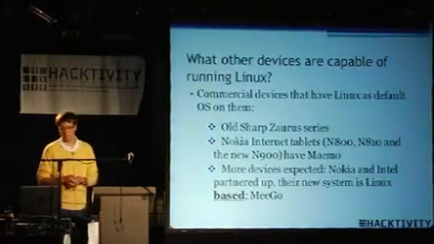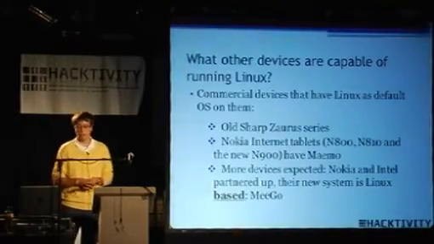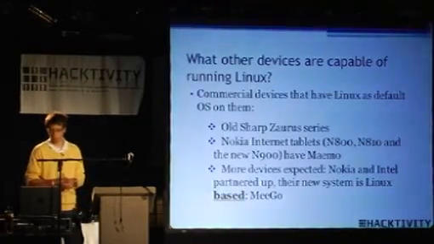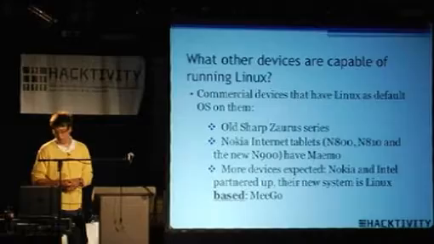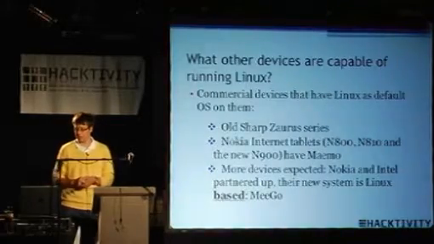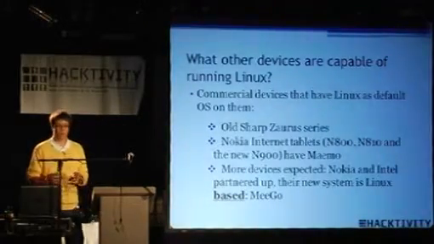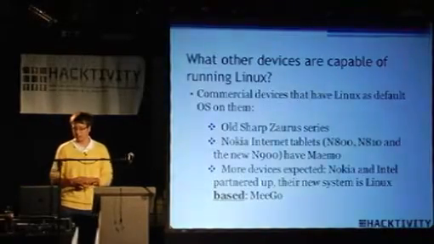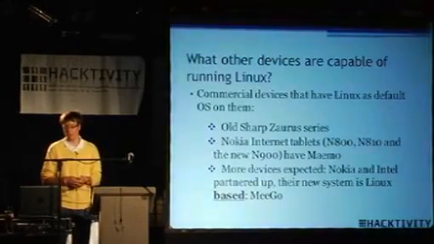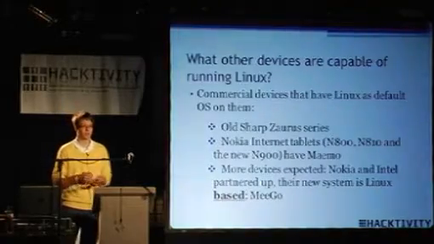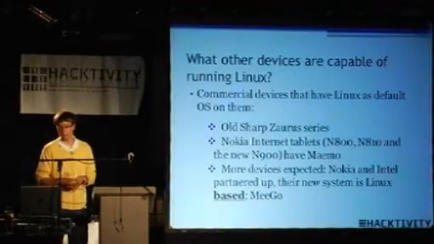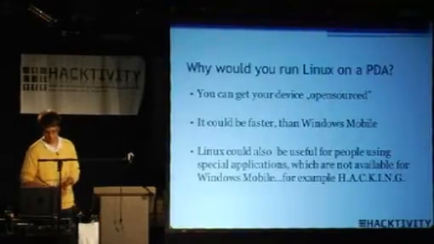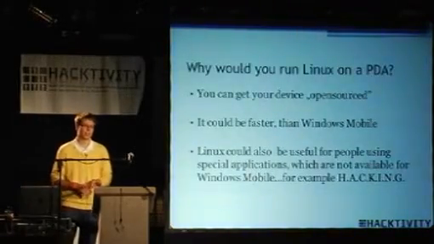There are the old Sharp Zaurus series, which is old, the Nokia Internet tablets, so to say, which had the Maemo Linux, N800, N810, and the new N900, and more devices and novelties are expected because Nokia and Intel just teamed up recently, and their objective is to have a new Linux-based system, which is going to be MeeGo. Now, how this is going to affect hacking, we don't know because we don't know the specs yet.